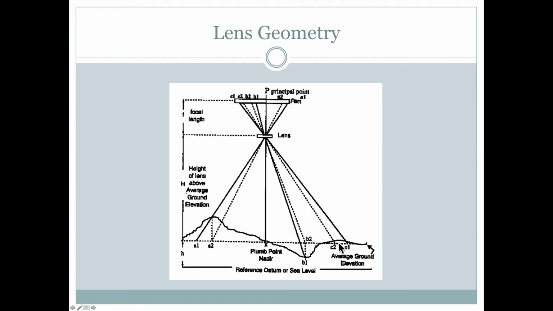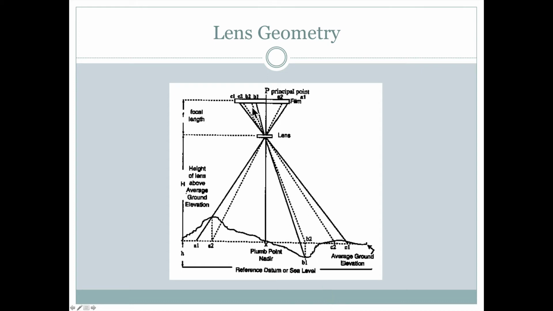Part of that distortion is because some paths, like C2, are coming through, they're being bent by the lens, and then they're coming up onto the film. Also, you can see that there's rays here from different geometries. Some are above the elevation of the nadir point. Others are below the elevation of the nadir point, like B1 here.